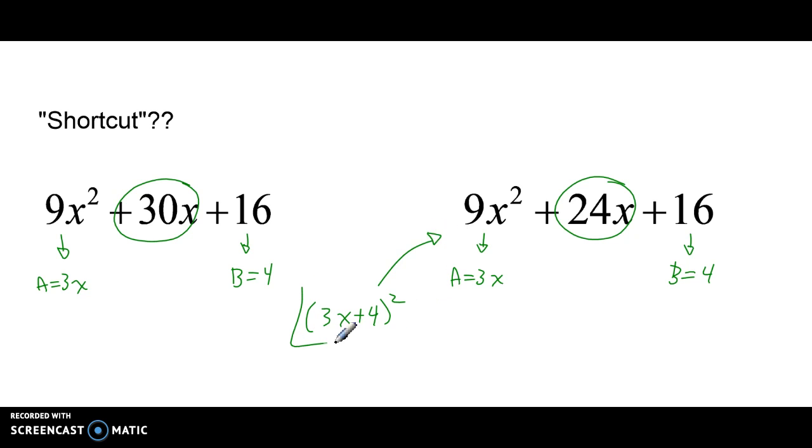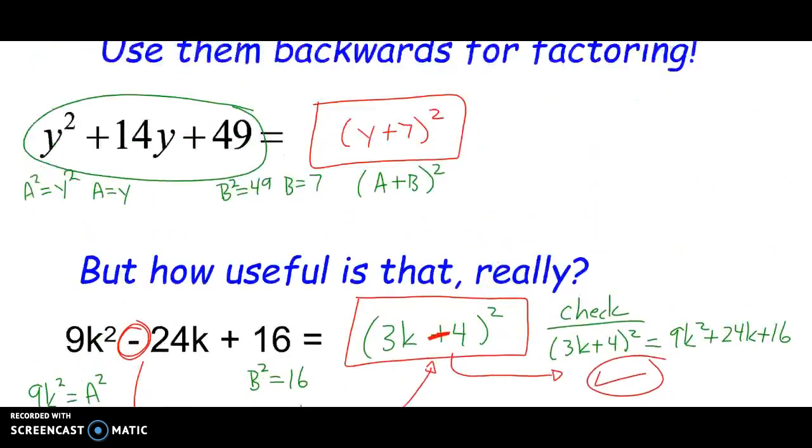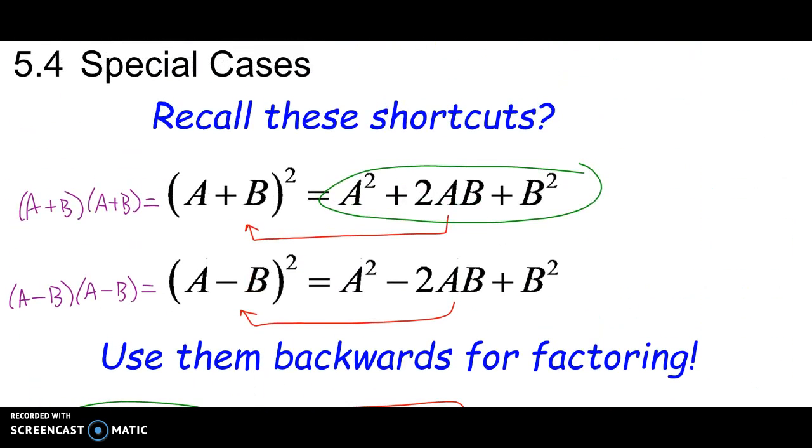The one on the left, that middle term is not 2ab. What do you mean 2ab? Remember back at the top, this shortcut requires the middle to be 2ab. It's not just a squared at the beginning and b squared at the end.